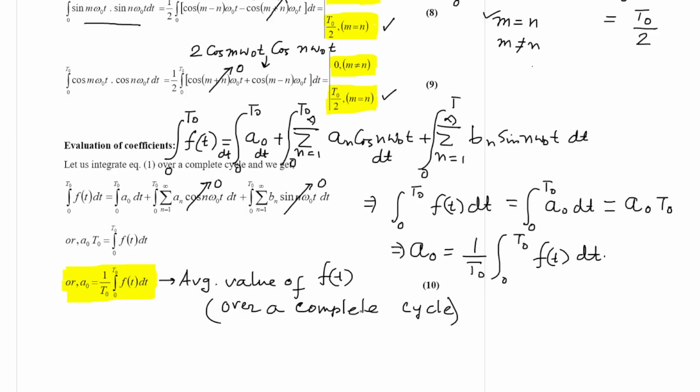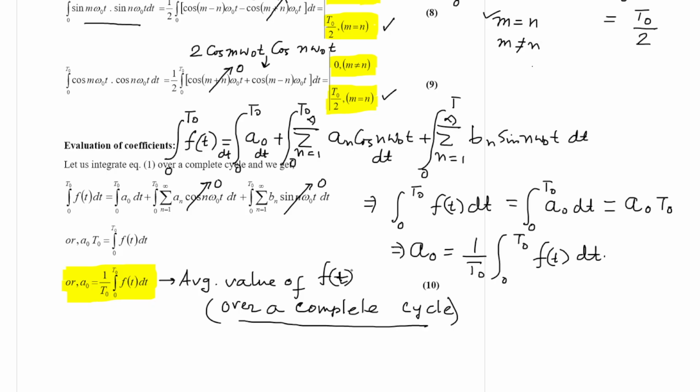All these derivations are based on the integration carried out over a complete cycle. If you don't consider a complete cycle, this calculation will not work. That is a prerequisite for these calculations. So A0 is nothing but the average value of the function f(t).